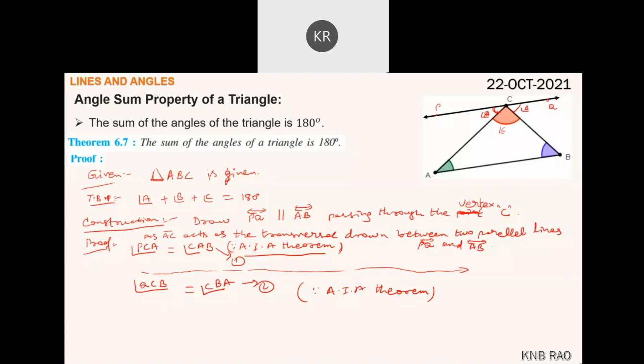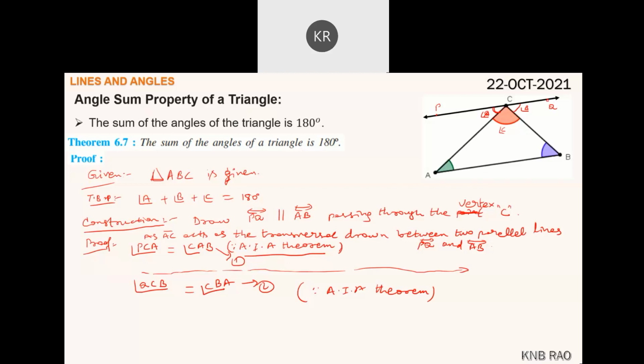See, instead of taking 3 angles, axiom 6.1 tells that the angle sum of a pair of angles formed by a ray standing on a line is 180.